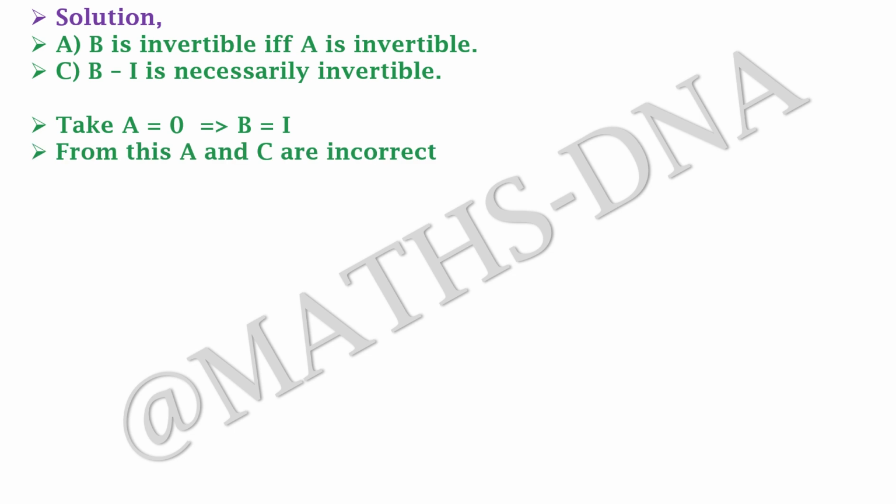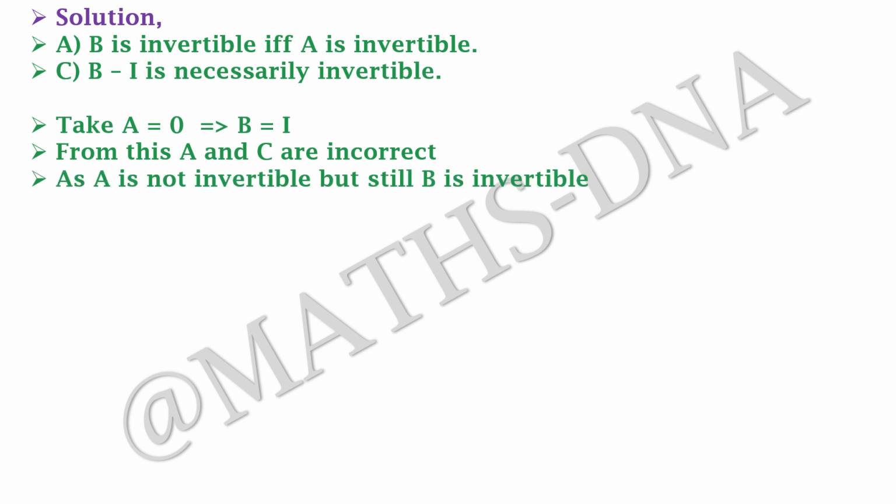Here options A and C are both incorrect, from this counterexample, because A is not invertible but still B is invertible, since B is the identity matrix, and B minus I is not invertible, whereas option C says that B minus I is necessarily invertible. This gives us a counterexample for our option A and option C.